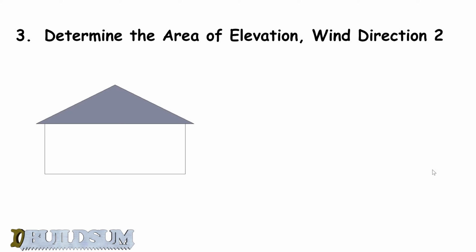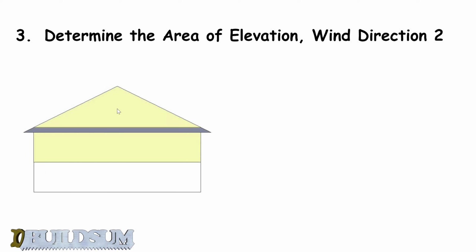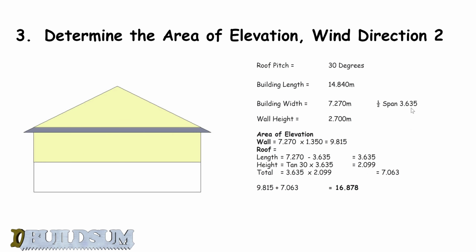So at the short end of the building, similar process. We only have to work out half the wall and the roof. Don't have to worry about the eaves. So same information. To work out the wall, the width of the building times half the wall height gave us 9.815. To work out the roof, I've done the same as before. Cut this bit off, stick it over here, make it a rectangle.